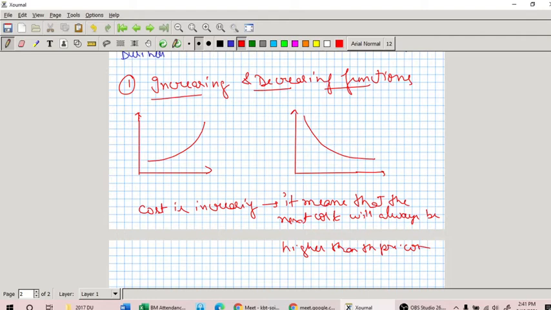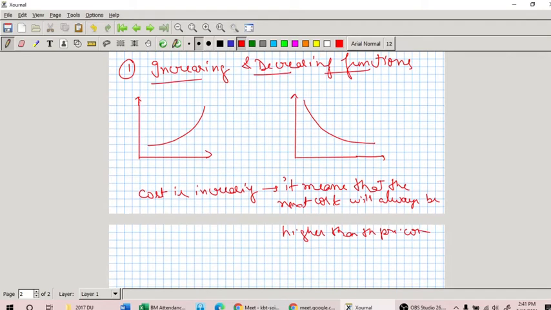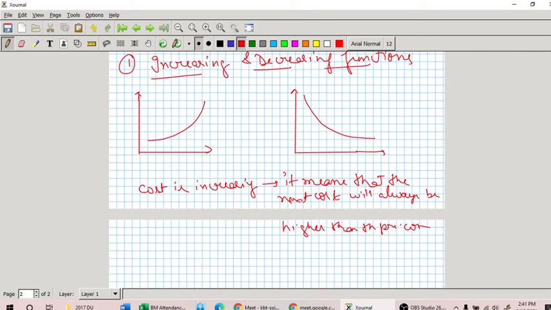So that is how we are trying to integrate the event of increasing and decreasing as a rate of change.